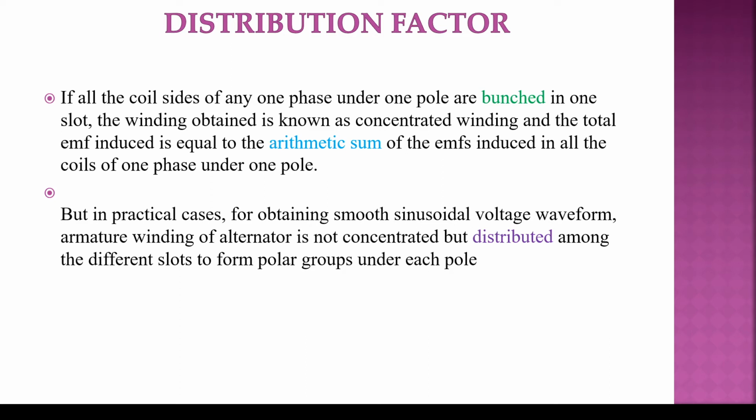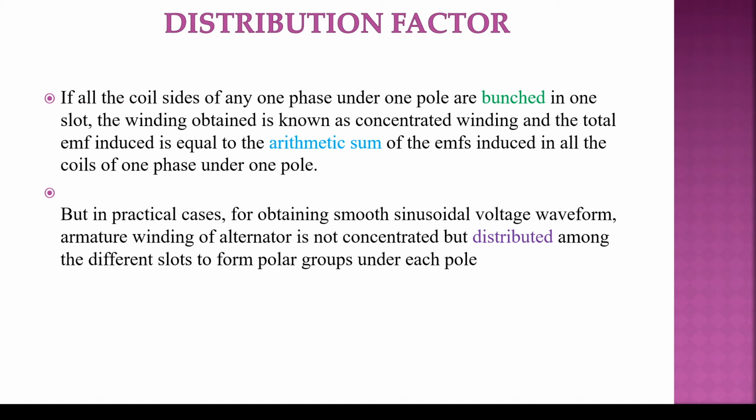Now let us see the distribution factor. If all the coil sides of any one phase under one pole are bunched in one slot, then the winding obtained is a concentrated winding, and the total EMF induced will be equal to the arithmetic sum of the EMFs induced in the coils of one phase under one pole.